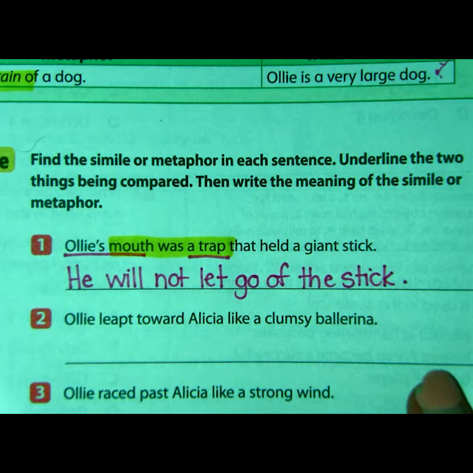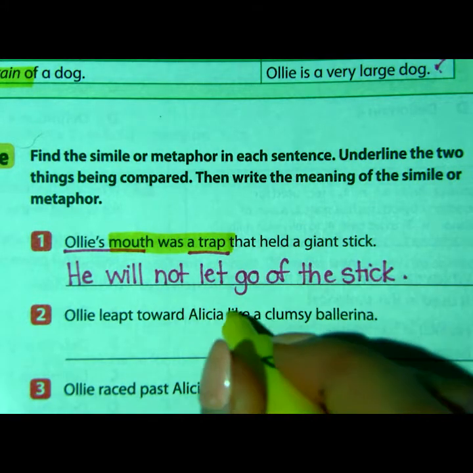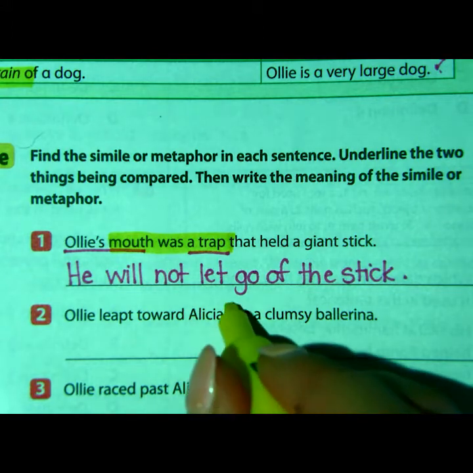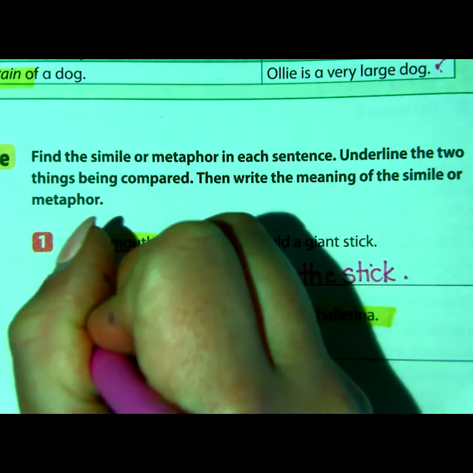Let's look at the next example. Ollie leapt toward Alicia like a clumsy ballerina. Is this a simile or a metaphor? Right, this is a simile because it uses the words like or as. Like a clumsy ballerina. That makes this sentence a simile. Now, I want you to think to yourself, what two things are they comparing? They're not comparing Alicia to anything. They're still comparing Ollie. What are they comparing him to?